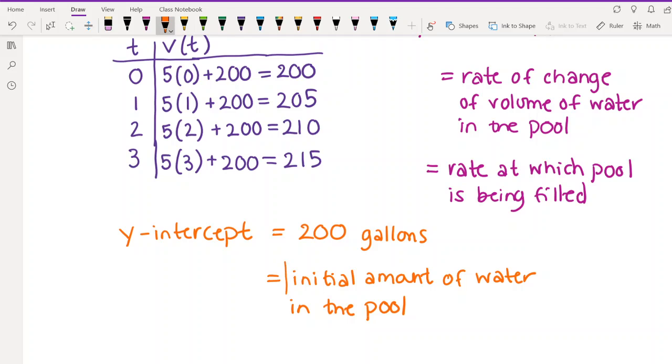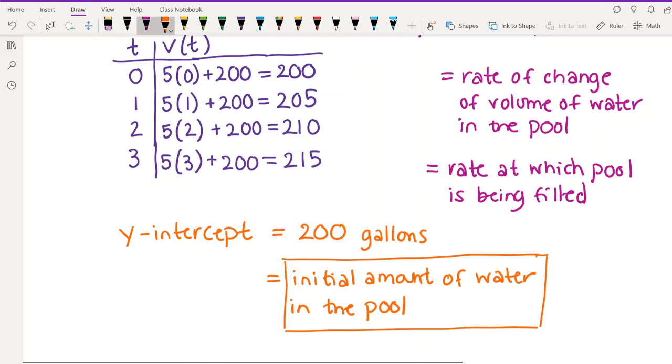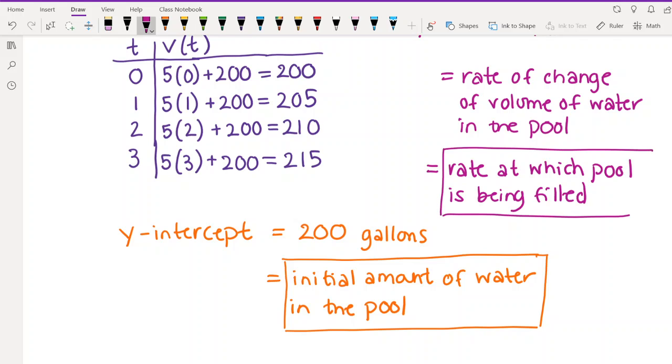This idea is going to play out in all of the examples we'll look at in this video: the slope represents some kind of rate of change, whereas the y-intercept represents some kind of starting point. The meaning will vary depending on the context, but it will always represent whatever the situation is when t is equal to 0. You can think of that as an initial amount or a starting amount, and we'll see that vary as we go on.